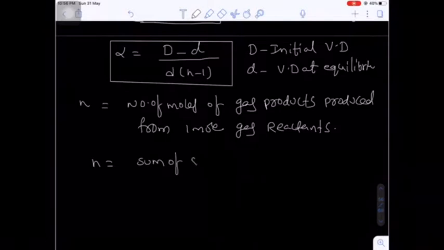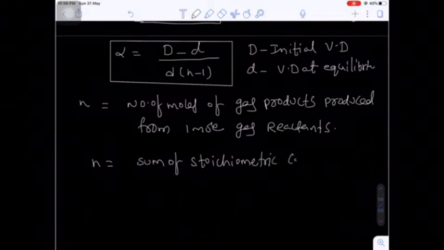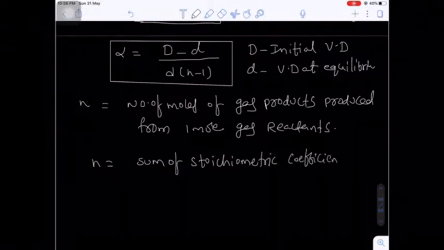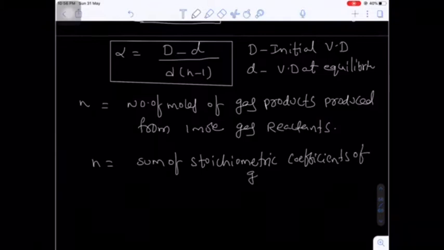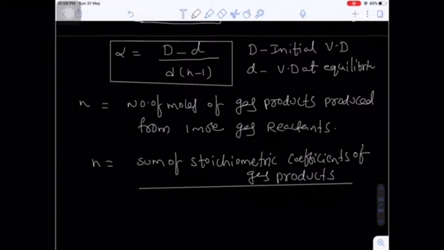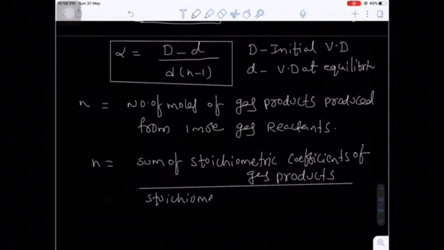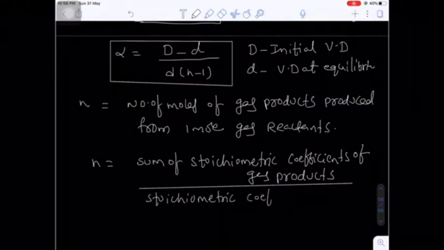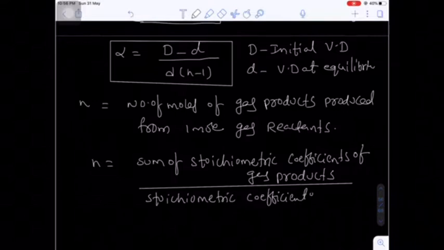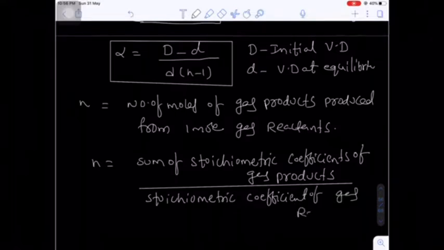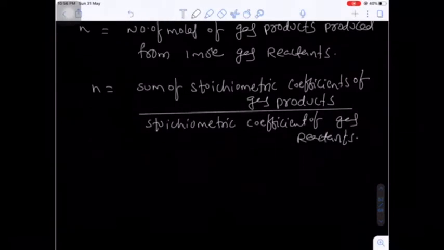n value will be equal to the sum of stoichiometric coefficients of gas products by stoichiometric coefficient of gaseous reactants.